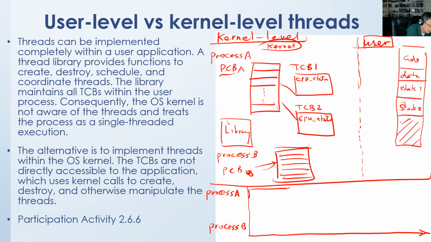So I'm going to allocate process A thread 1, and then I switch to process A thread 2, and then process B, and then process A.